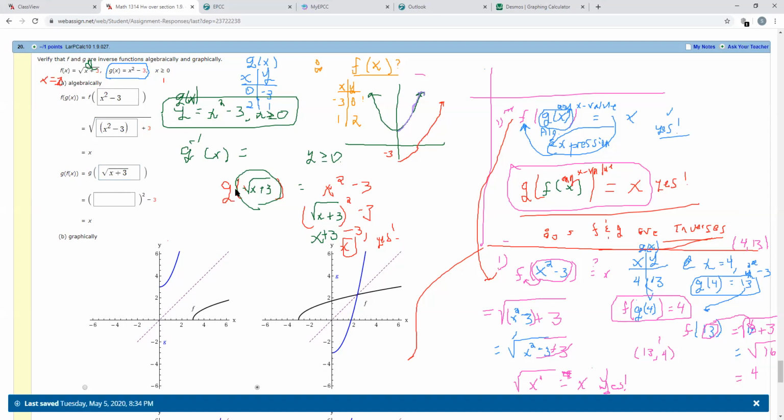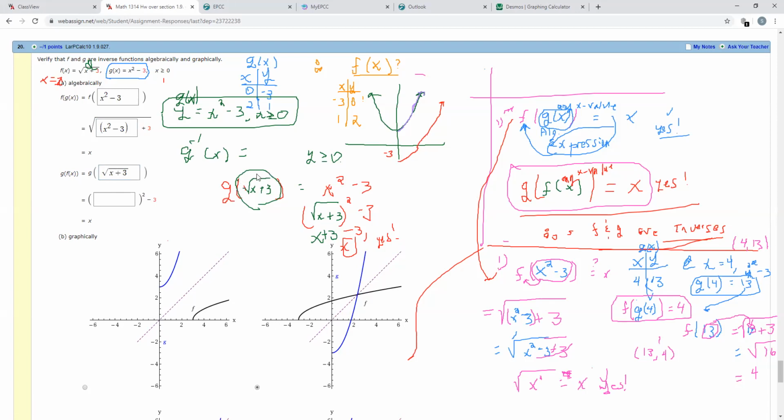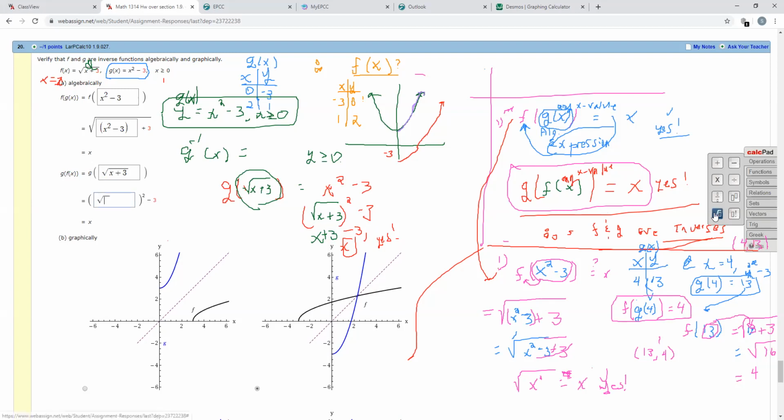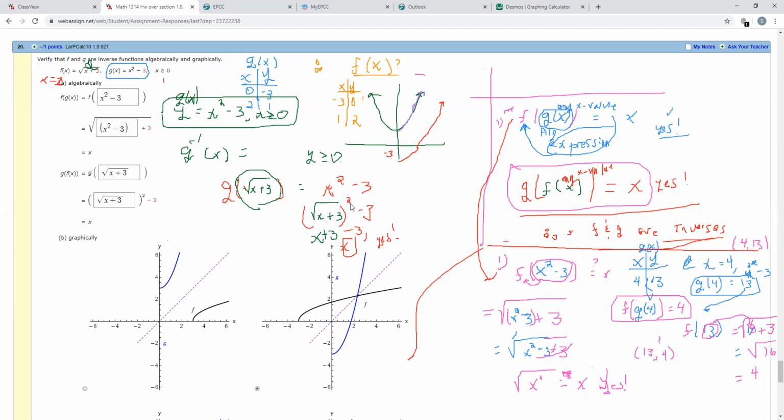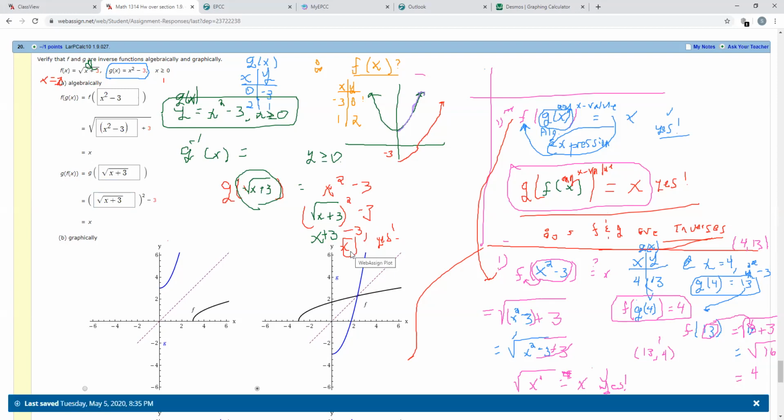Now when you plug that in, so now you put that into function g. And so instead of this x squared minus 3, we're going to put this in instead. So that's why you still have, just like right here, the minus 3. And now instead of this red x squared, we put the square root of x plus 3 in. And then we already showed over here how this cancels out and simplifies to x.